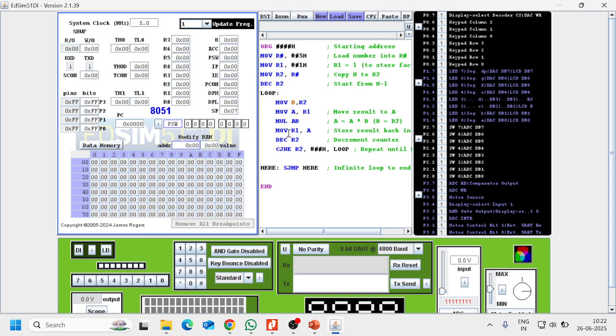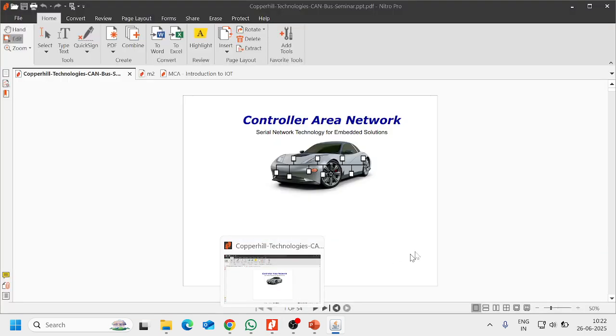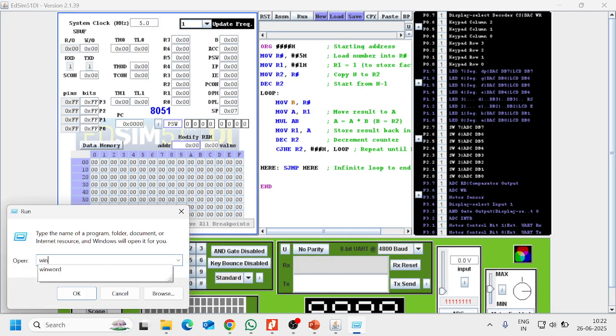Now first the R2 value, that is 5, has to be moved. Let us start with R0 itself. First R0 is moved to B. No, some logic is missing. So let us first do it in a proper way.